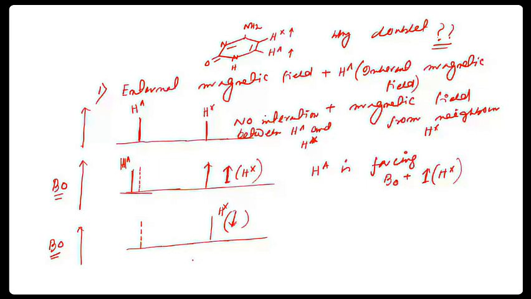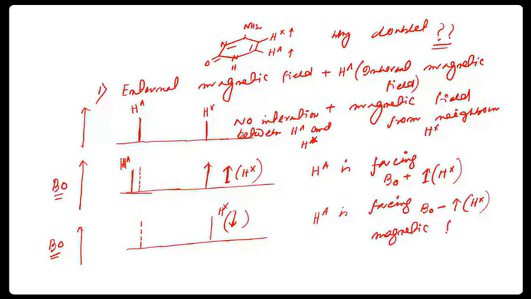Then what is the value HA is actually experiencing? HA is now facing B0 minus the amount that it opposes from the HX magnetic field.